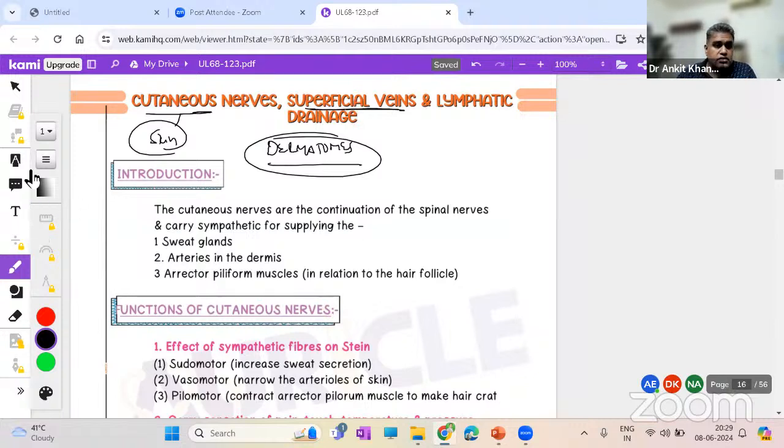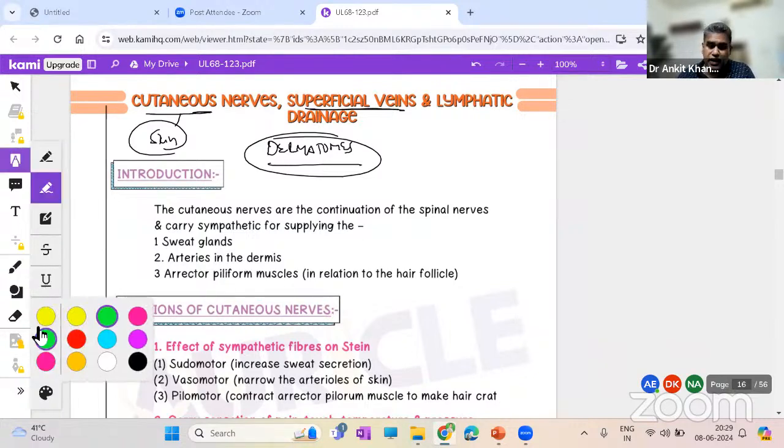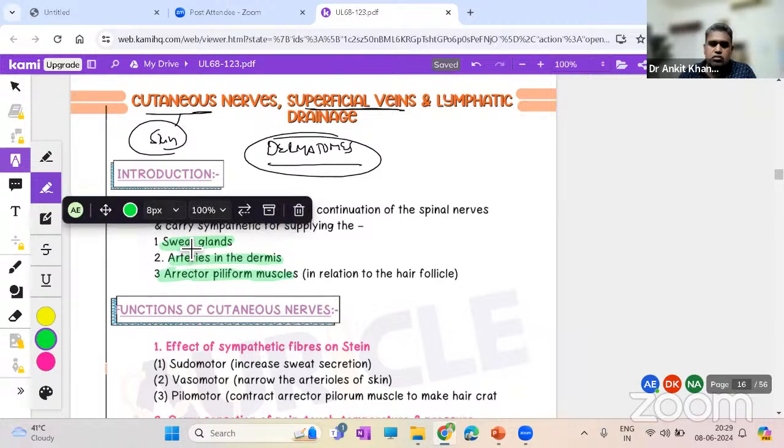So cutaneous nerves, to begin with, that is for your basic understanding, and you can write in the exam or in the viva. Why do we need cutaneous nerves? We need cutaneous nerves because they supply the sweat glands in the dermis. They supply the arteries also, and the arrector pili muscles, the muscles which cause goosebumps, the erection of the hairs of the skin.